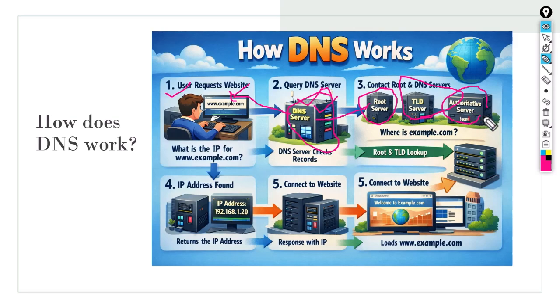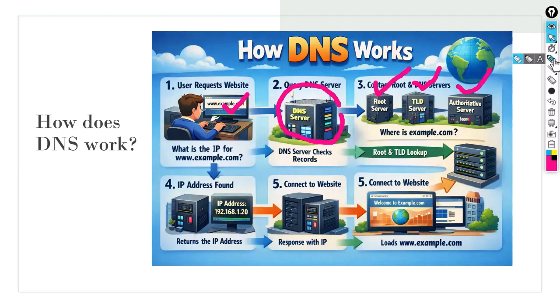The address is returned to the resolver, which is here. The resolver's job is to store it in its cache for faster future requests and send the IP back to this computer.